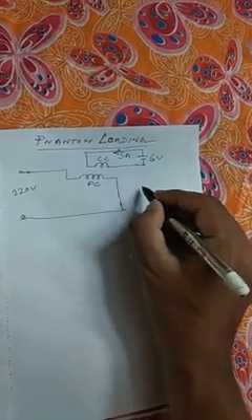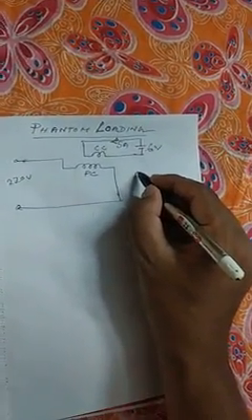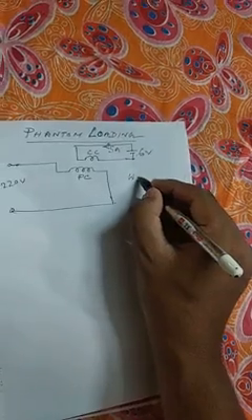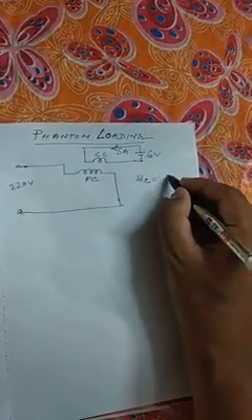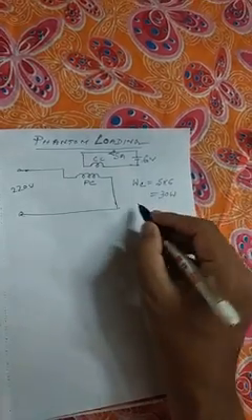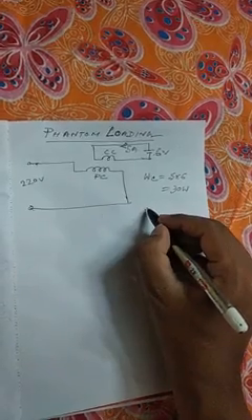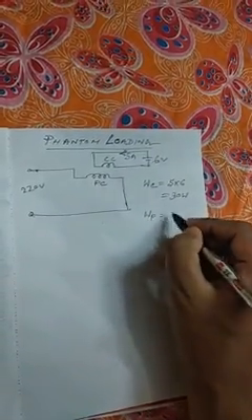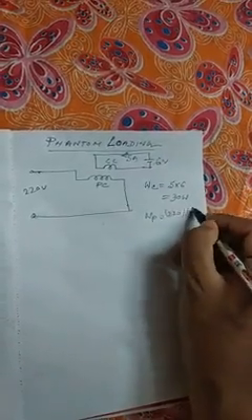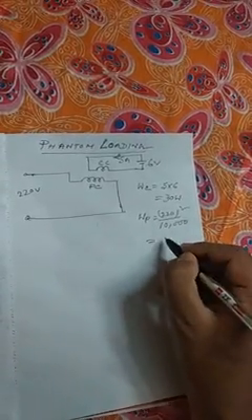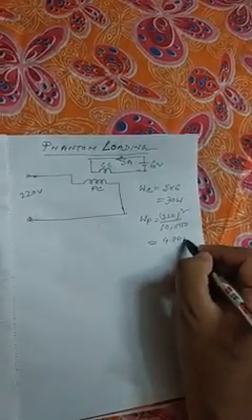Here similarly, the power consumed by the current coil, that is WC, is equal to 5 into 6, that means 30 watt, and the power consumed by the pressure coil, similarly WP, is equal to 220 square by 10,000, that means 4.84 watt.